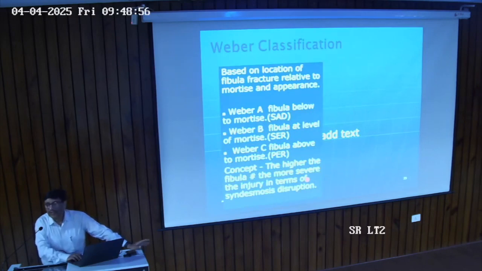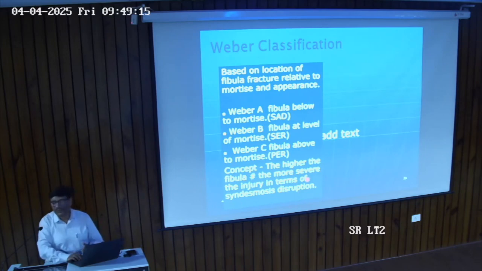So that was Lauge-Hansen's classification, but you can also translate it into the Weber classification. Easy to understand. Depending upon the fibular fracture level, it is classified into A, B, C. A is below the ankle, below the syndesmotic level. B is at the syndesmotic level or the ankle joint level, and third is above it.